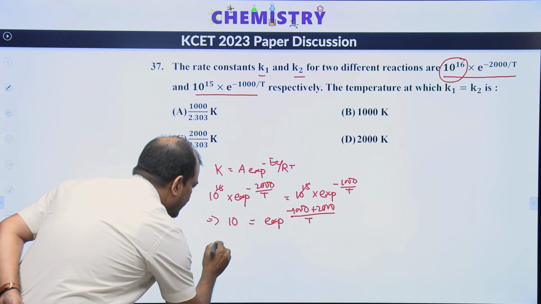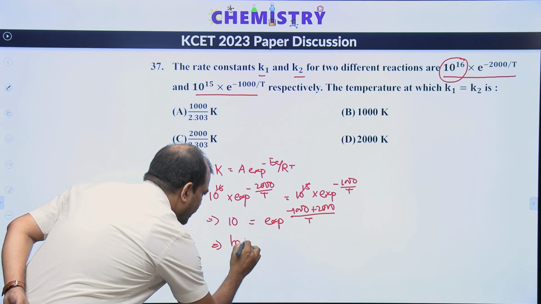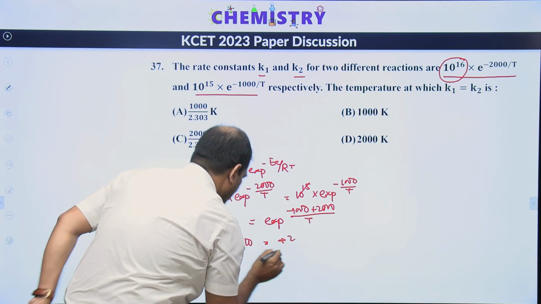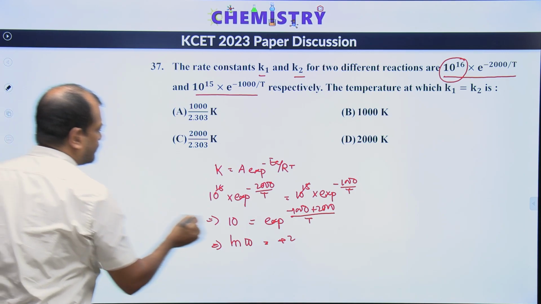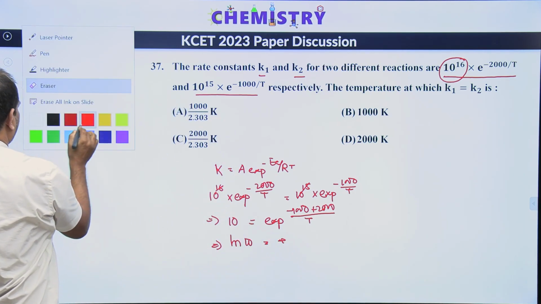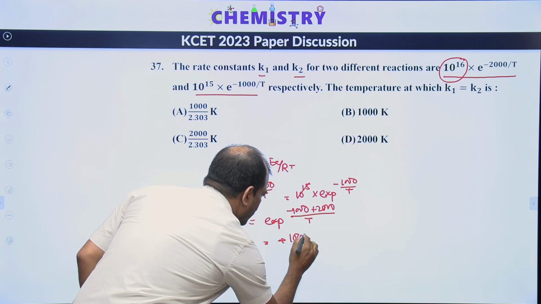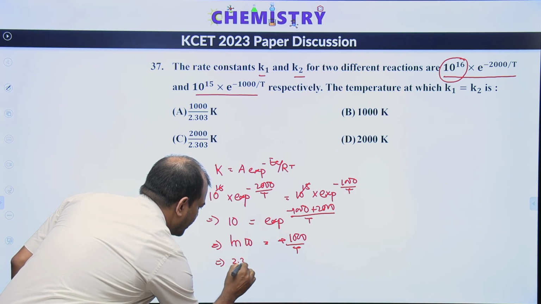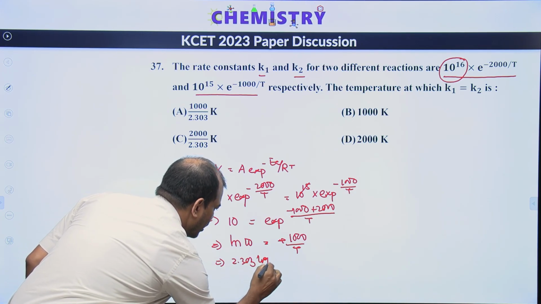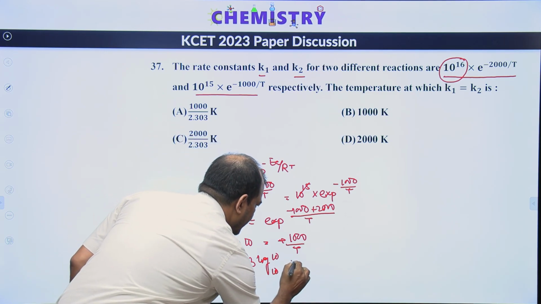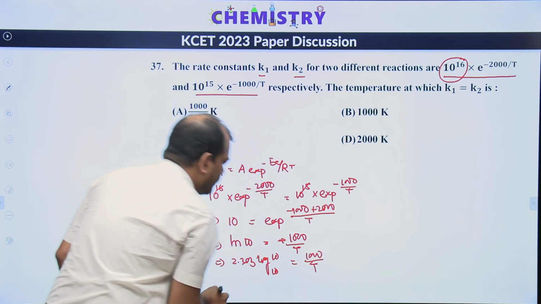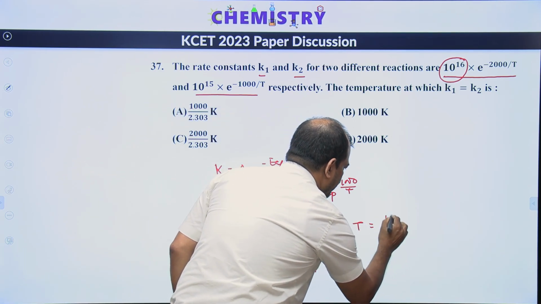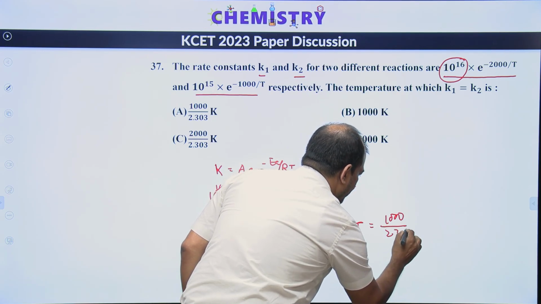As it is exponential, I take ln on both sides, then it becomes plus 1000 by T. Now I convert to the Napierian logarithm: 2.303 log 10 to the base 10 is equal to 1000 by T. Log 10 is 1, therefore the temperature should be 1000 by 2.303.